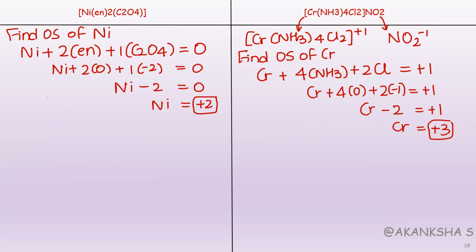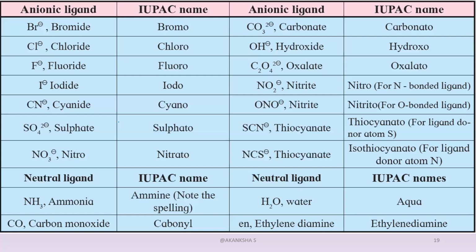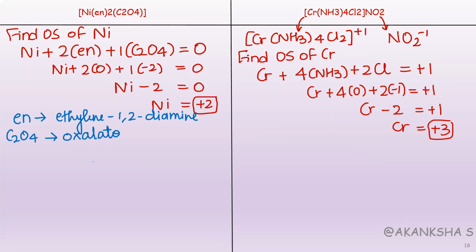Okay, next one. We have 2 ligands. We have En, which stands for ethylene 1,2-diamine. And then we have C2O4 after a long time. Oxalato. If you want, you can find it over here. 2 minus charge. What is it? It's oxalato. Okay, let's see.